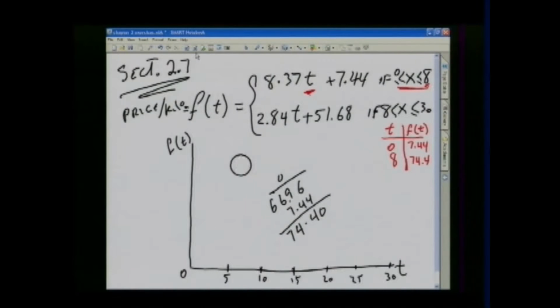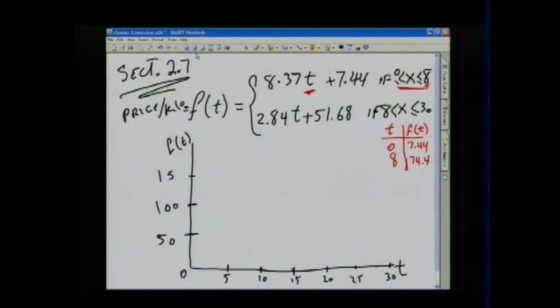I'm going to clean this. So I have 0 here, and let's say 50, 100, 150.